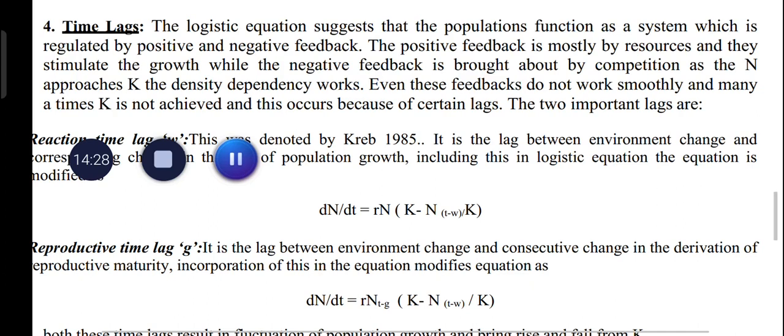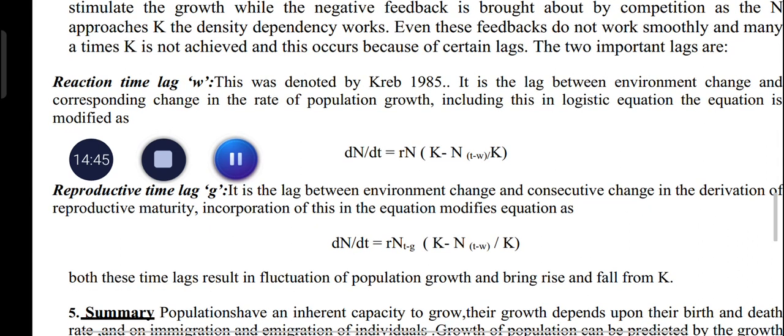Even so, these feedbacks do not work smoothly, and many times K is not achieved, and this occurs because of certain lags. Two important lags are the reaction time lag and the reproductive time lag. The reaction and reproductive time lag will be given in detail for the species in the next class.